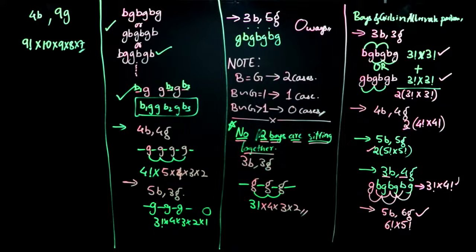Yes, what is that, Srikanth? Fourth column, first one. Let me see. Wow, 4 boys and 9 girls, you mean to say?